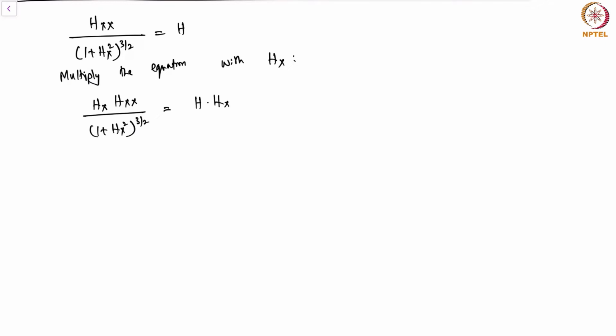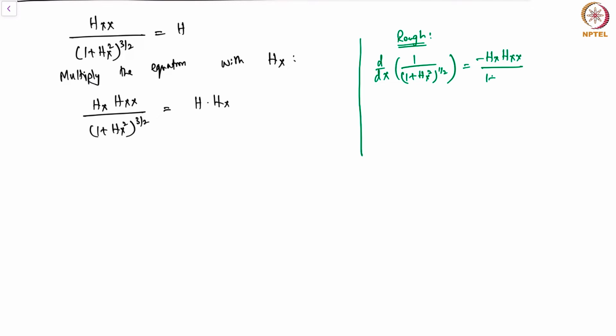let me make a rough sketch here, or rough notes on the side. So for example, if you compute the derivative of this quantity 1 by 1 plus hx square whole power half, this quantity will turn out to be minus hxx by 1 plus hx square whole power 3 by 2, right?